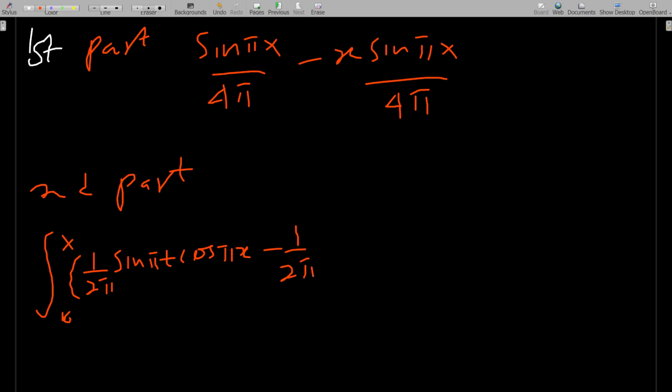So here I'll be jumping steps because I hope you'll be able to pass through the same process like I did for the other one. Then cos pi t sine pi x, okay? All of these times cos pi t dt, okay? Now if you multiply through cos pi t and simplify, this is what you get.